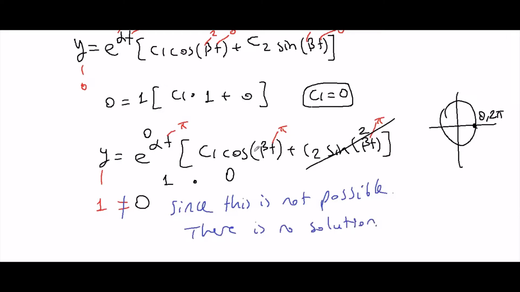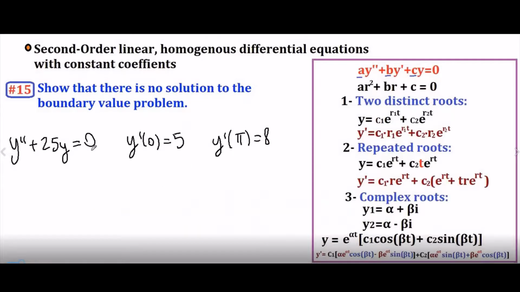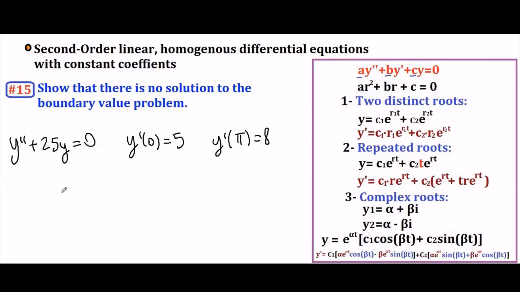Let's check another one. Let's check this problem. Here we're going to show that there is no solution for this differential equation. We have y double prime plus 25y equals 0. We convert into the characteristic equation and solve for r.